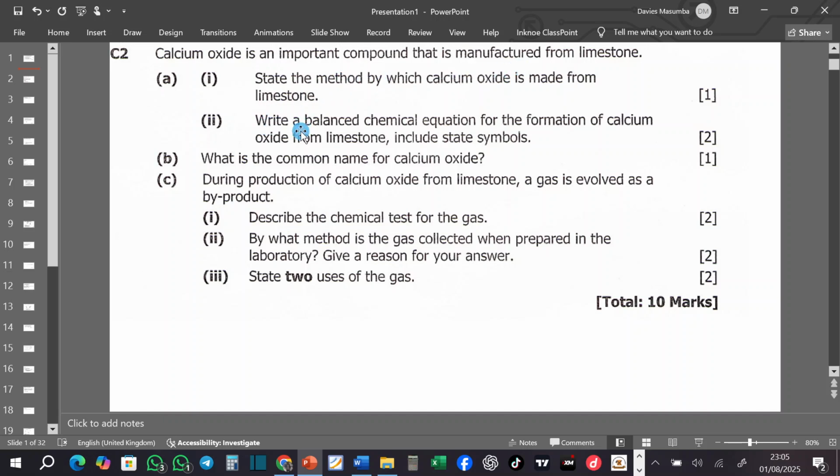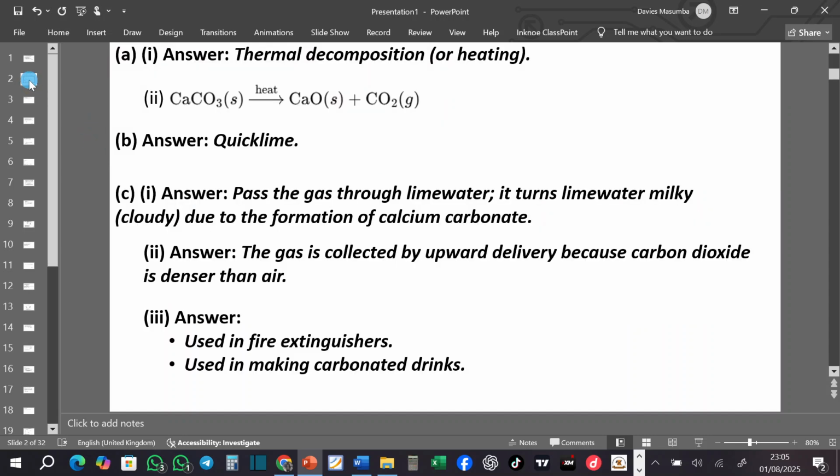Now here they're saying write a balanced chemical equation for the formation of calcium oxide from limestone, include state symbols. So this is calcium carbonate, it is a solid. When it undergoes thermal decomposition, which is heating, it forms calcium oxide and also carbon dioxide.